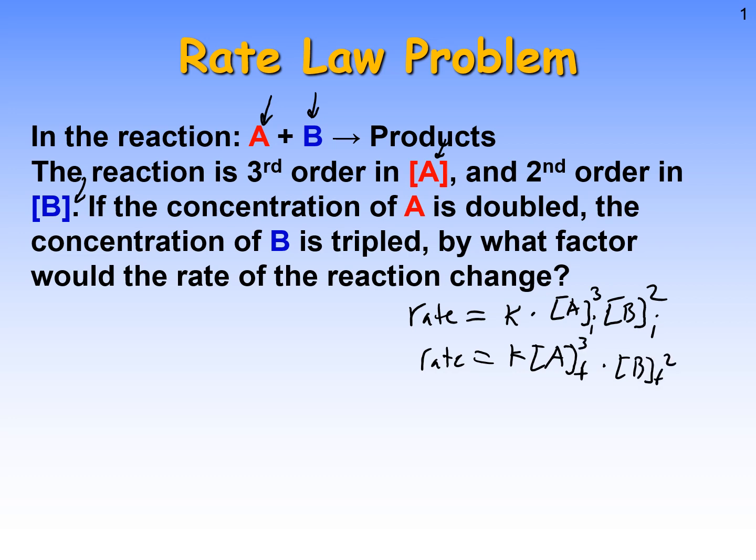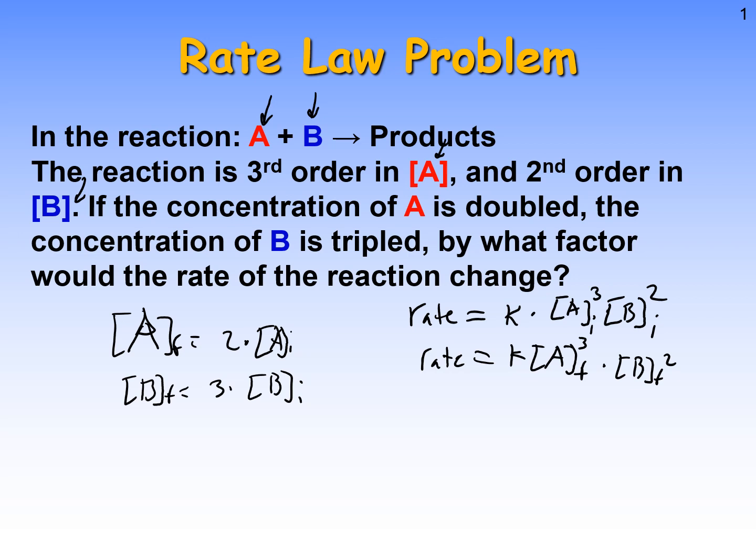Well, we know how the initial and the final differ from each other. We know A concentration final is equal to 2 times the concentration of A initial. And we also know that the concentration of B final is equal to 3 times the concentration of B initial.